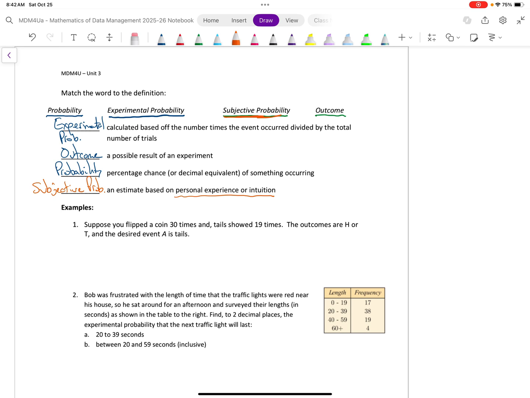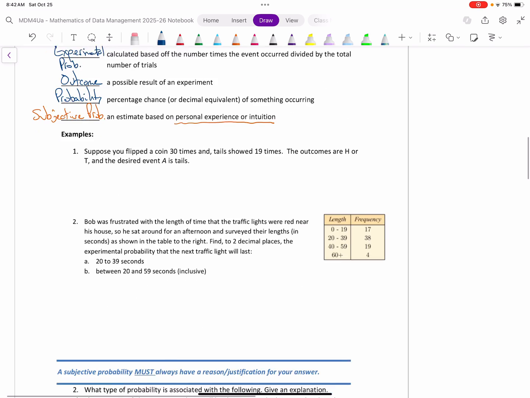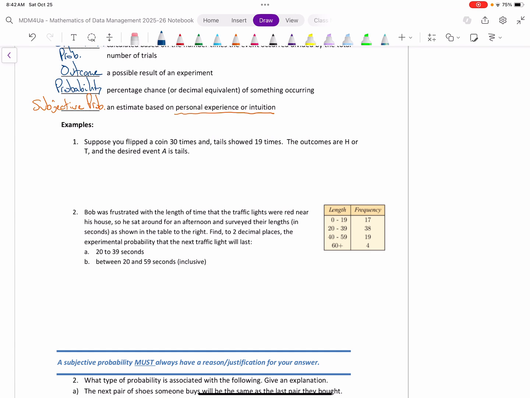So it would be based on what you think could happen. And sometimes that occurs in sports where people have opinions. Sometimes they'll use data to help them figure it out, but ultimately it is subjective in various instances like that.